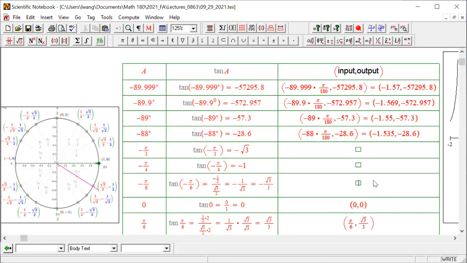Okay, so let's look at the points. Why do you suppose I arranged the points in this order? I made a special effort to put the points in this order because I want you to see, from smaller to larger, what the output does. When the input is getting larger and larger, the output is getting larger and larger. What concept is that? Increasing.